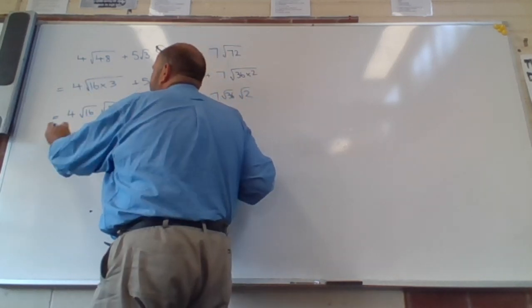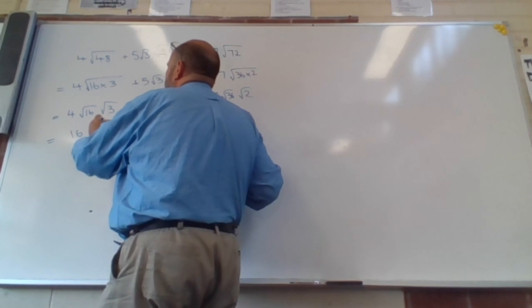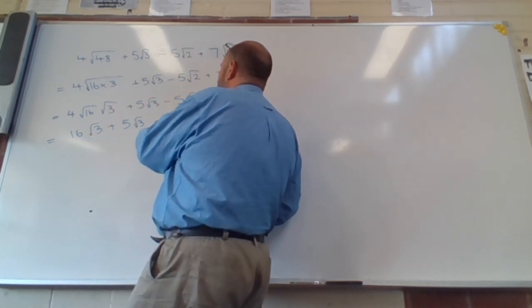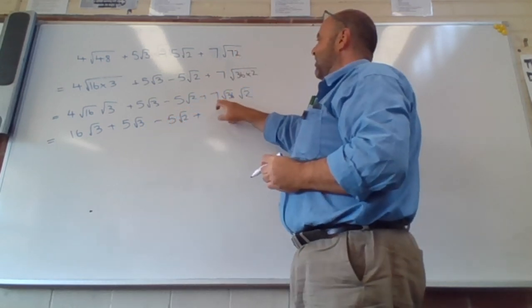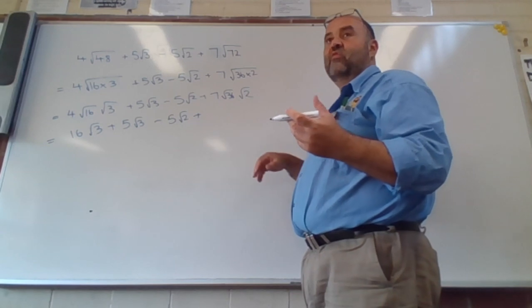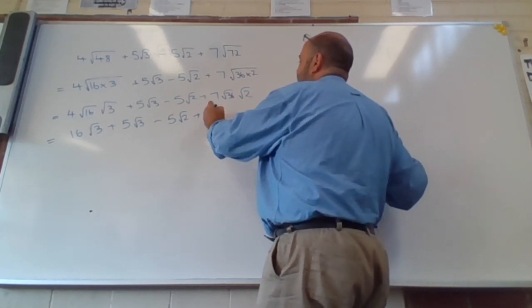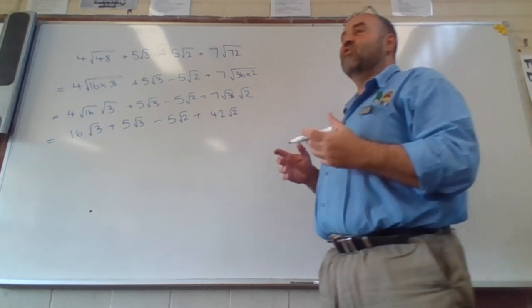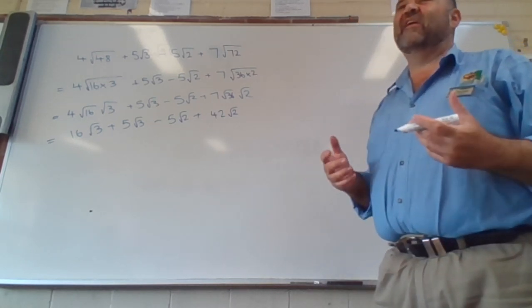16. So that's 16 root 3 plus 5 root 3 minus 5 root 2 plus over here, I've got root 36 is 6. So 7 times 6 is 42. That's plus 42 root 2. Now, all the surds that are like, I can add.